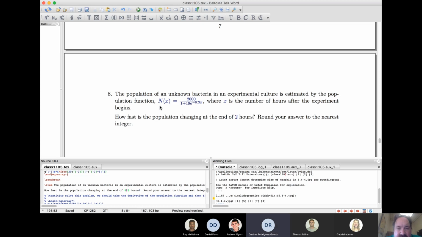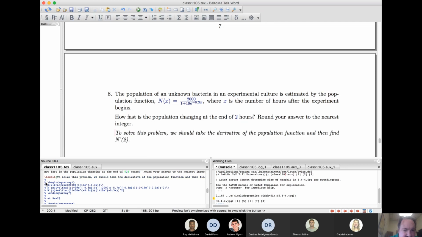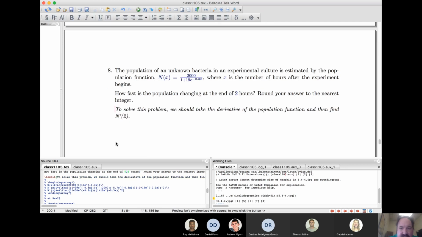The rate of change. Which is? The derivative. Yeah. And then at x equal 2. So n prime of 2 is what it's asking for. All right, so that's what we're after here.